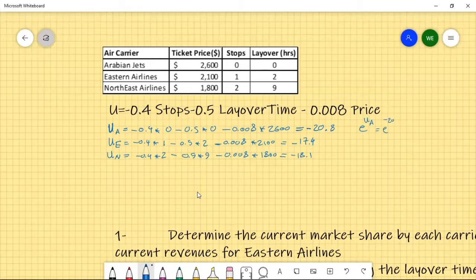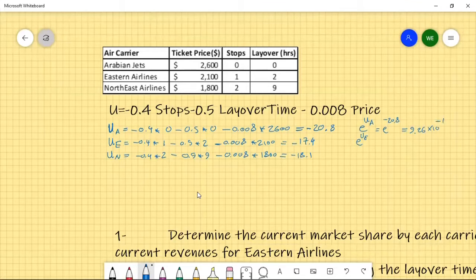e to the power minus 20.8 equals 9.26 multiplied by 10 to the power minus 10.